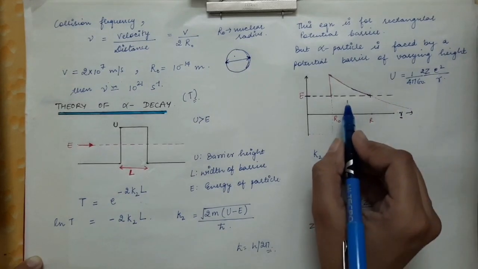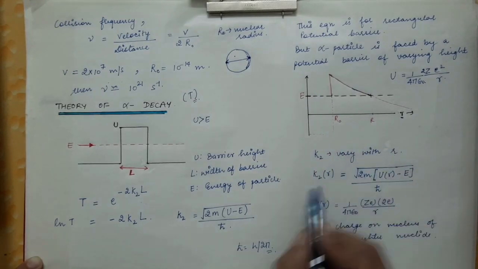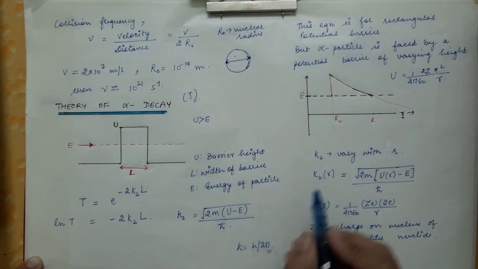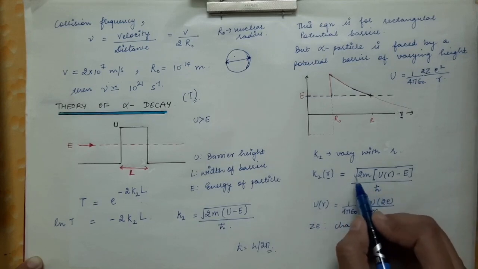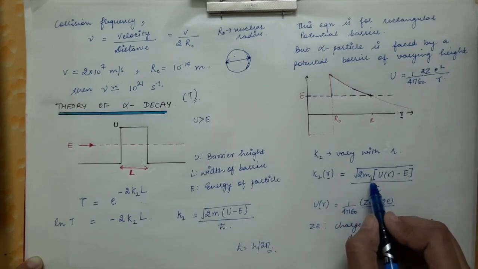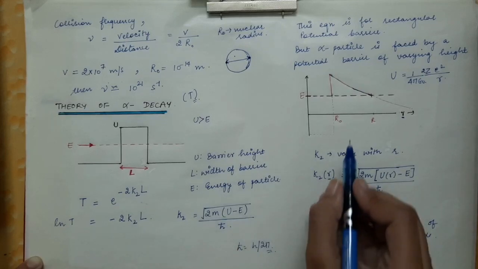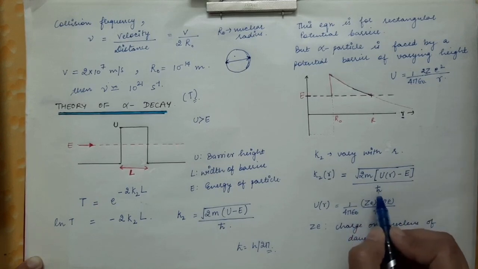So K2 in this case will vary with distance, because U is a function of distance. K2 will be given by under root of 2m into U minus E, where U is a function of distance, divided by h cut.